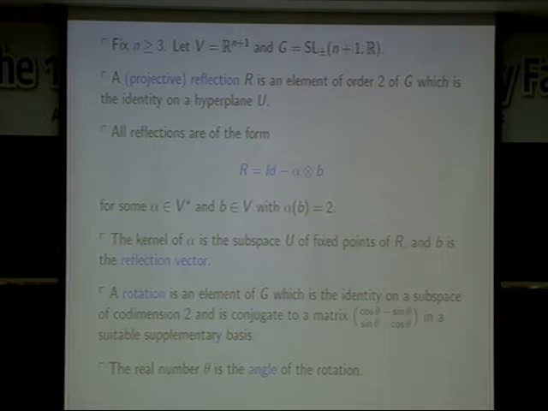And similarly we can define a rotation as an element of G which is identity on a subspace of codimension 2 and conjugate to a rotation matrix. And this real number theta is called the angle of rotation.